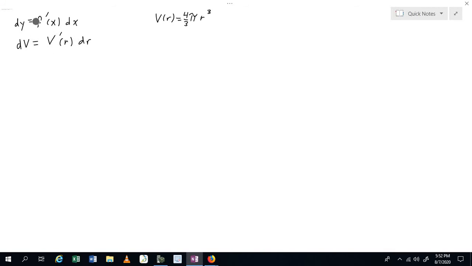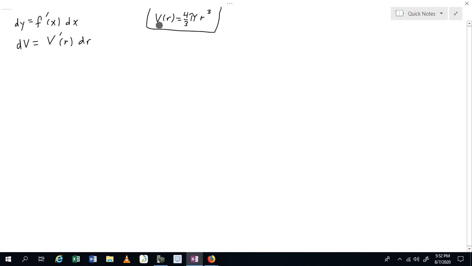So we're going to use this formula for the differential change in y. The differential change in y is the same as f prime of x times the differential change in x. But we're going to change the variables here because in our problem, our input variable is actually r instead of x, and our output variable is v instead of y. And we know that because this is our function that we're working with.